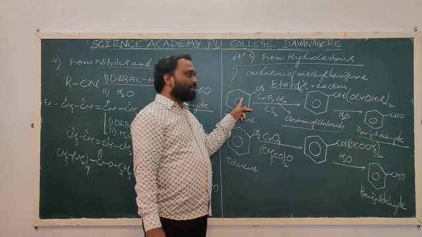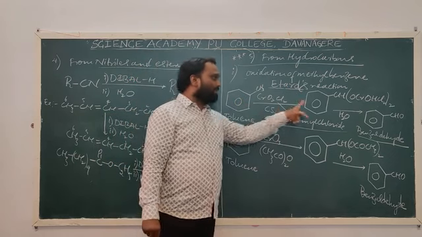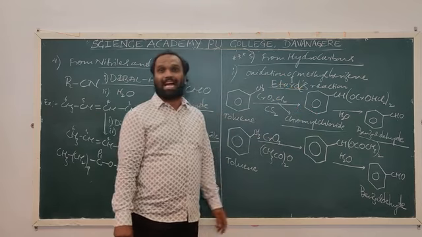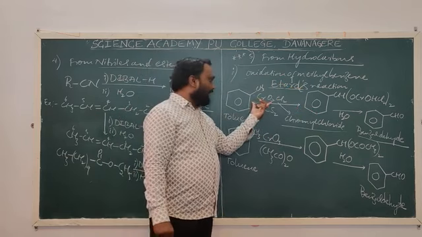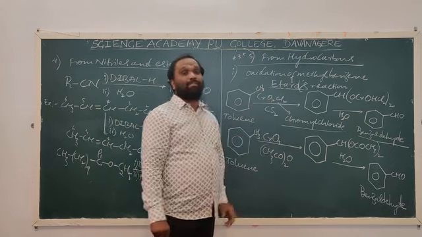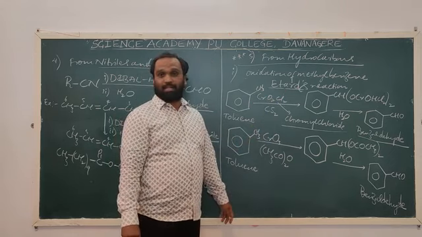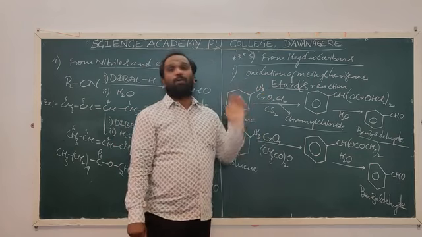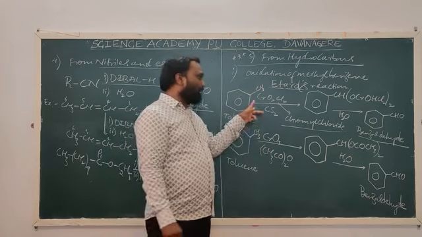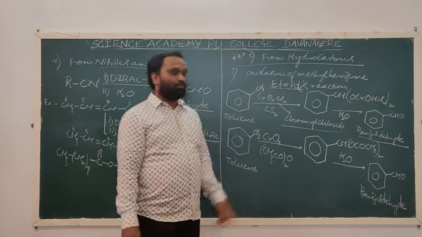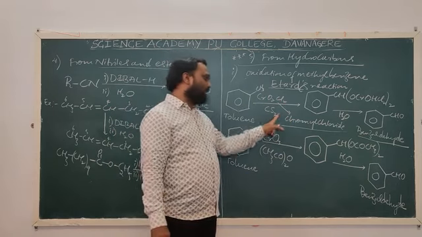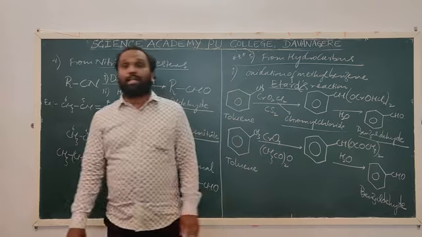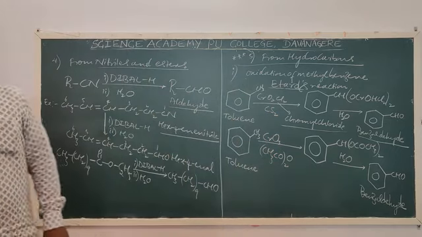Very important reaction it is. They give this equation and ask to write the name of this reaction, or they will ask what is the oxidizing agent used in Etard's reaction. So toluene can be converted into benzaldehyde by two oxidizing agents: one is chromyl chloride in CS2 and another one is CrO3 in acetic anhydride.